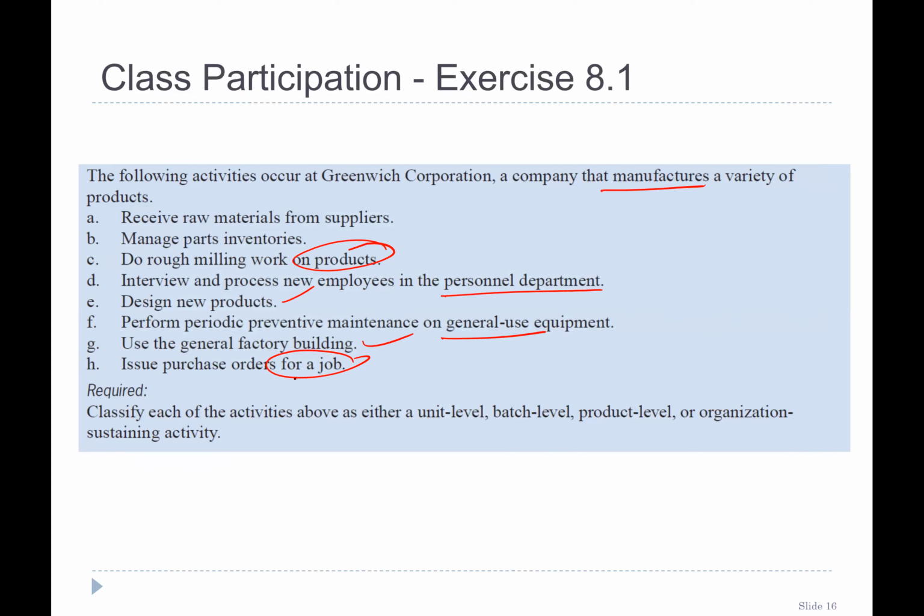So you need to classify whether each belongs to unit level, batch level, product level, or organization level. So here we go.